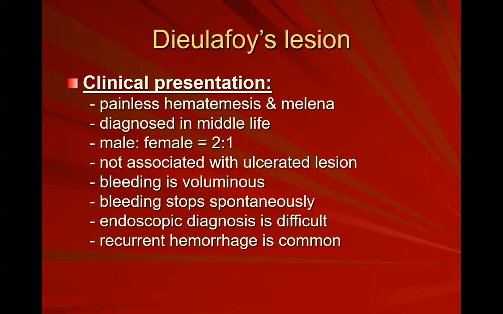So these muscles can contract and stop the bleeder. As we said, the endoscopic diagnosis would be difficult because if you do endoscopy while the bleeding has stopped, you cannot determine exactly where the site of the bleeding is. And recurrent injuries are also common.